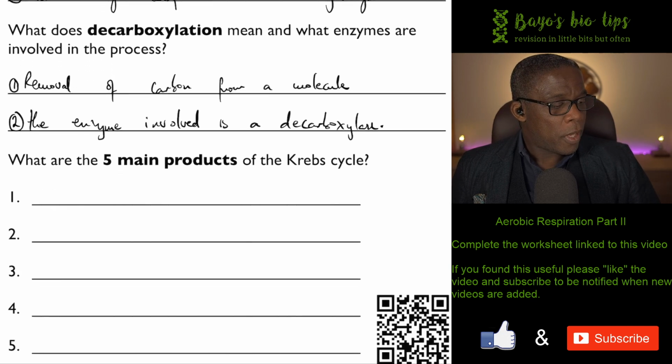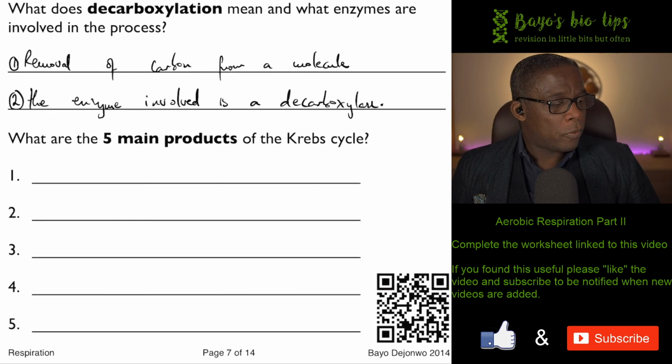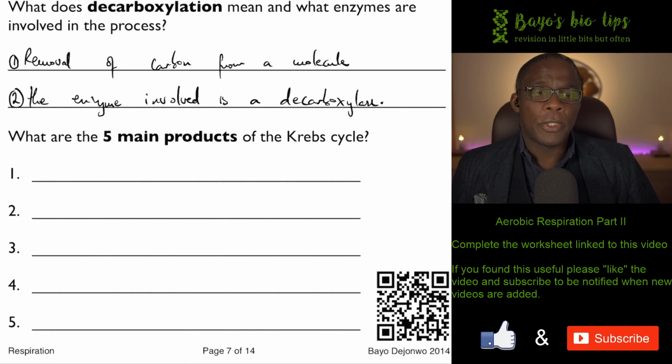So what are the 5 main products of the Krebs cycle? So let's think about this. Let's start off with the most obvious product. In order for any cycle to keep going, in order for it to genuinely be a cycle, you must be able to regenerate what you started off with. So you need oxaloacetate.